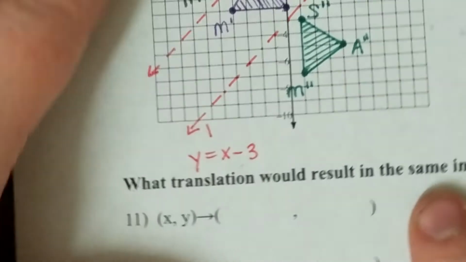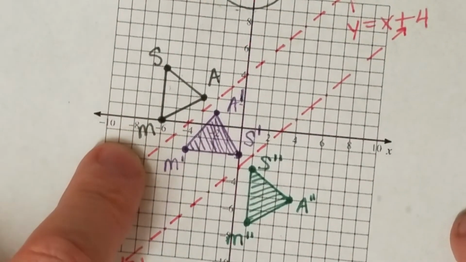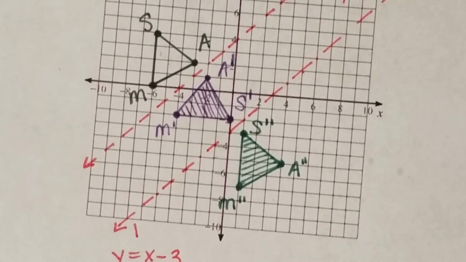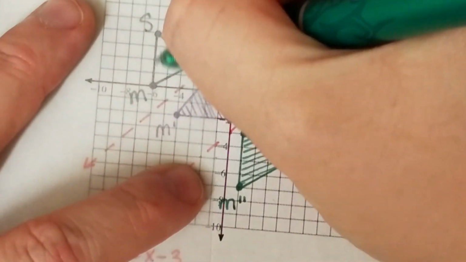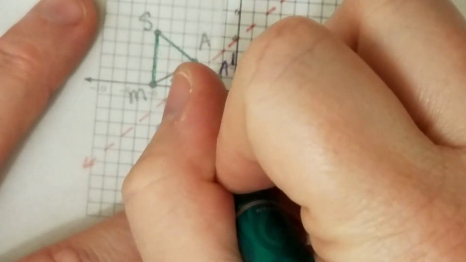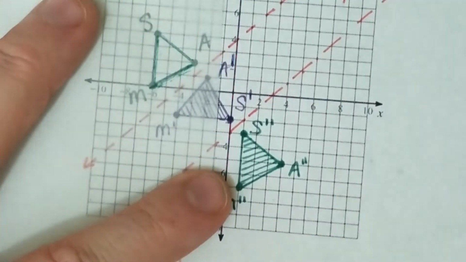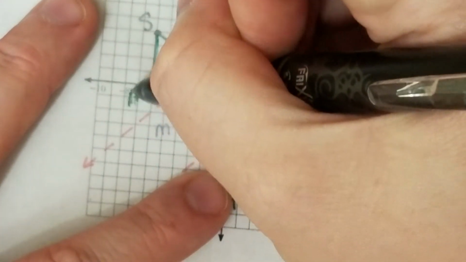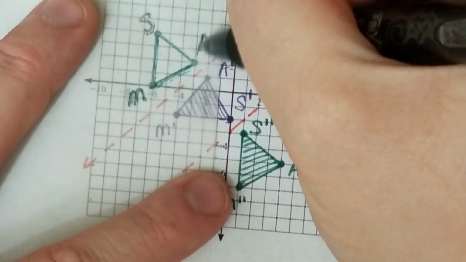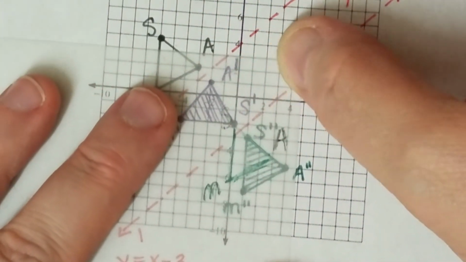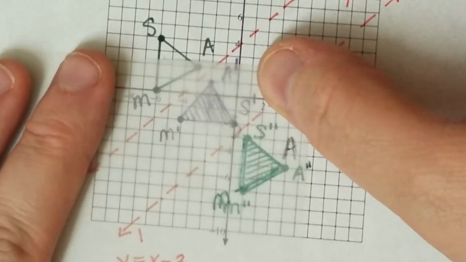Now, if you look at the orientation of the pre-image to the final image, M double prime, S double prime, A double prime, we have the same orientation. So that means that instead of reflecting it twice over these two lines, what I could have done is I could have just slid it a certain number of units and also gotten the same thing.